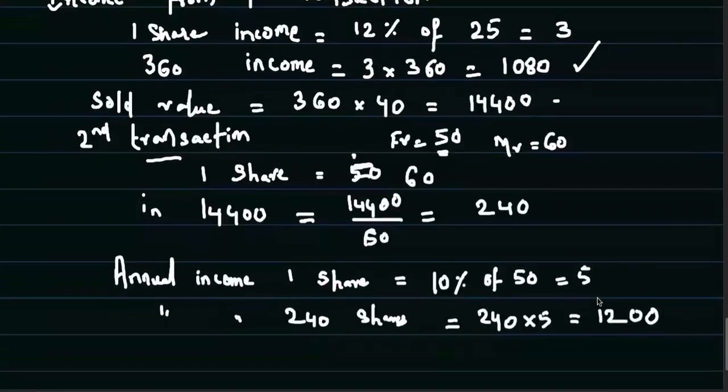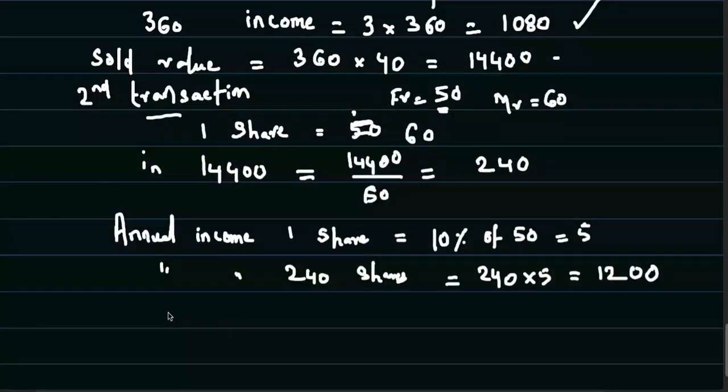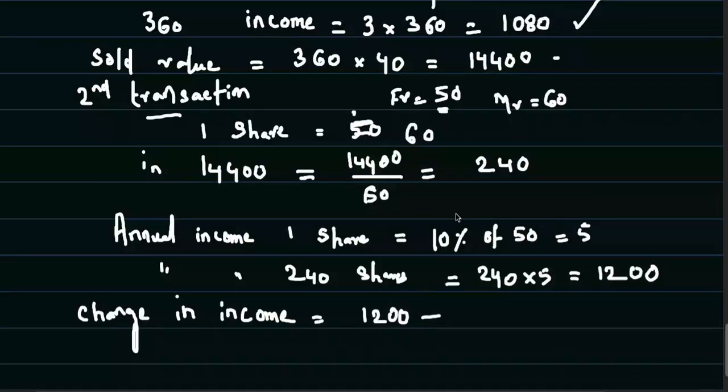So now what has happened? Now he has got the comparison. So change in income. How will you get change in income? Change in income was your question, right? So change was how much? Now he is getting 1200. Before he was getting how much? 1080.